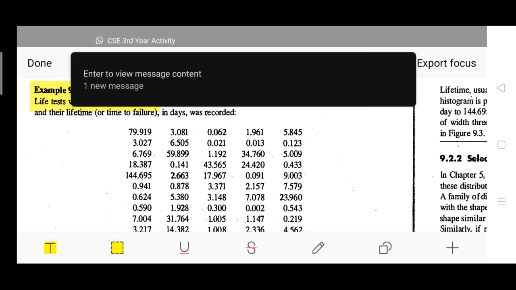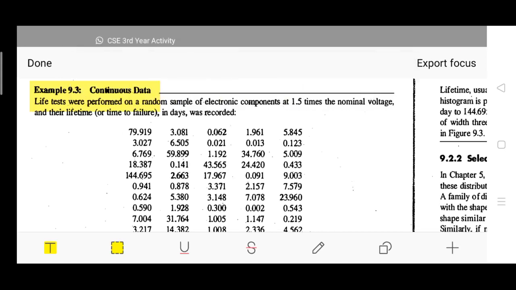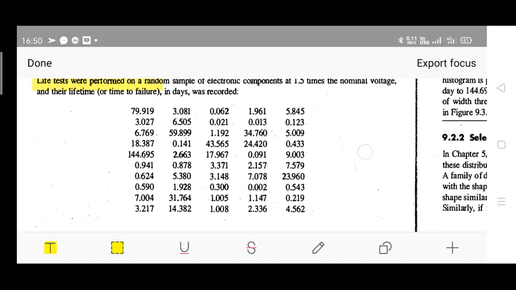Because we are passing a slightly higher voltage to the electronic components, we are testing their life or durability. So this is what is recorded, various values: 79.919, 3.081, 0.062 and so on. This is what is recorded after observation.